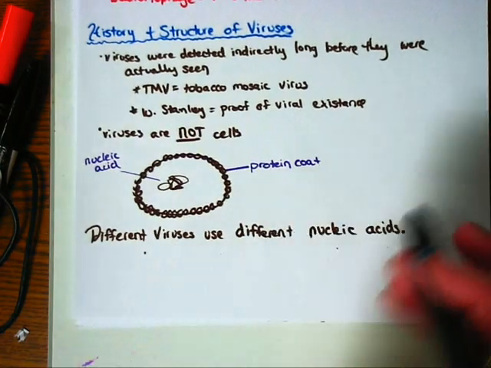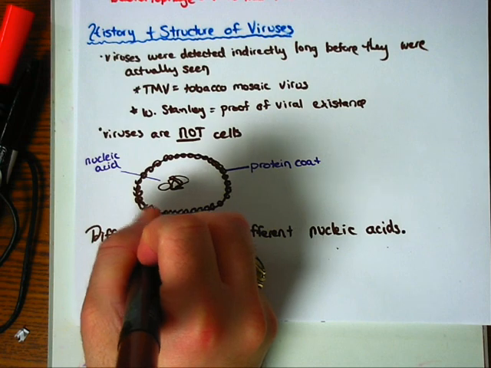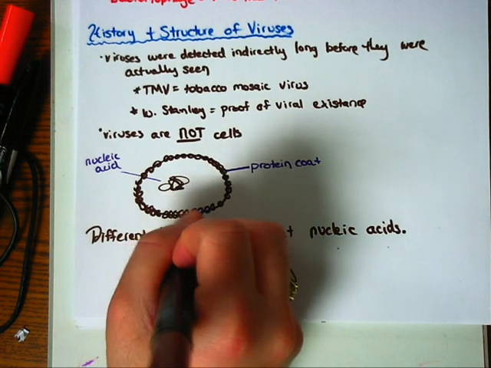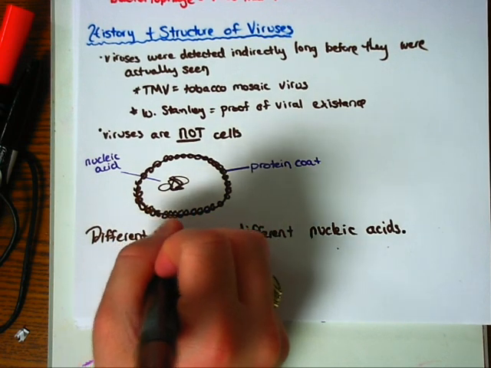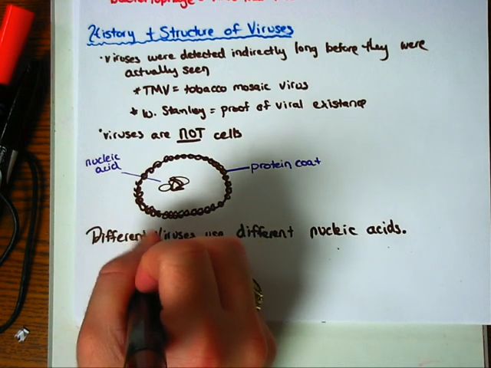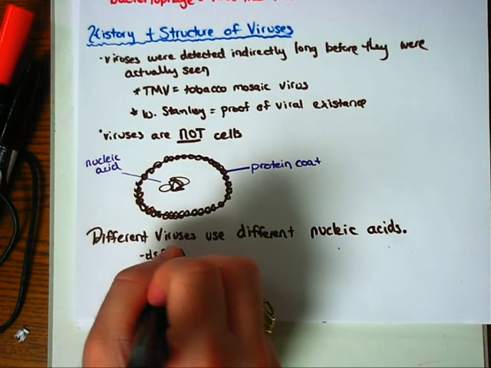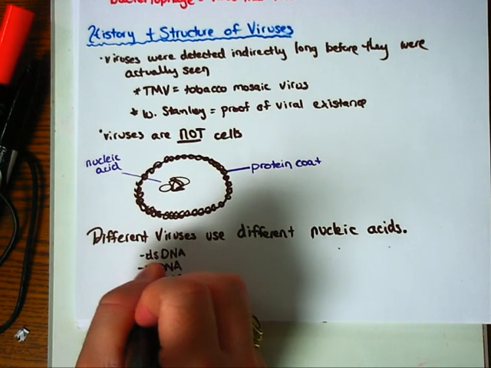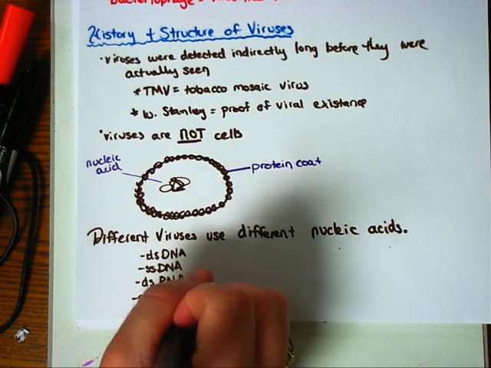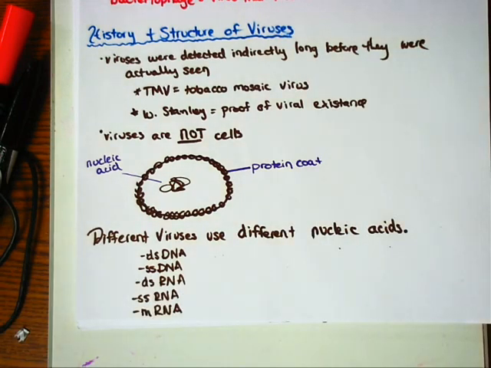Some use double-stranded DNA. Some use single-stranded DNA. Some use double-stranded RNA. Some use single-stranded RNA, while others use, in a weird way, mRNA. So different viruses use different types.